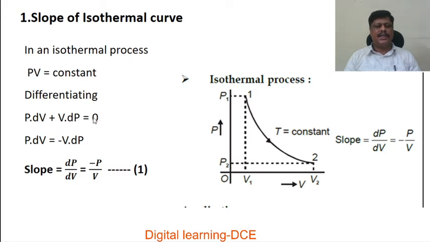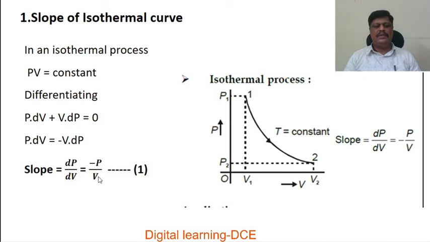We can write P dV is equal to minus V dP, or slope dP by dV is equal to minus P by V. This equation gives the expression for the slope of the isothermal.